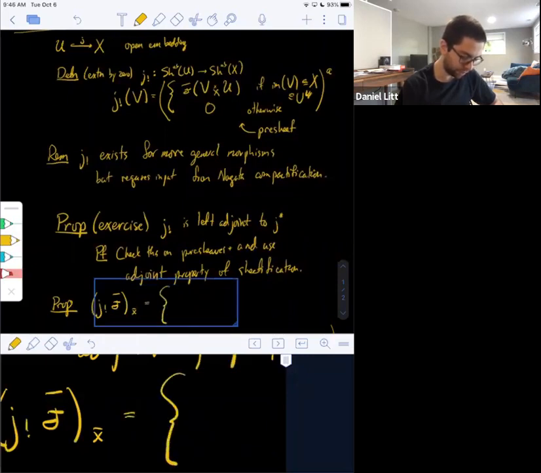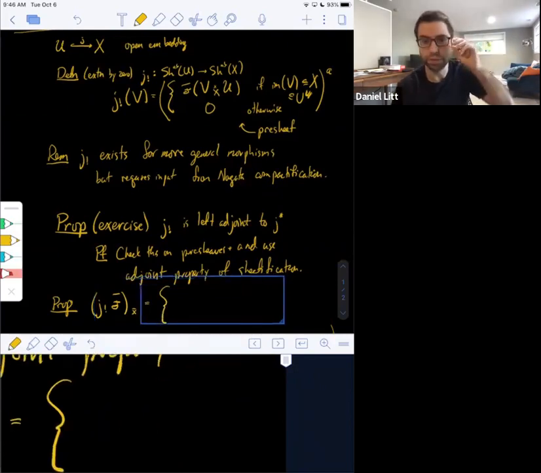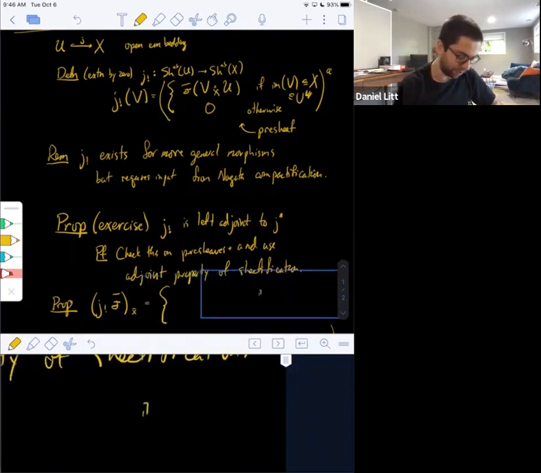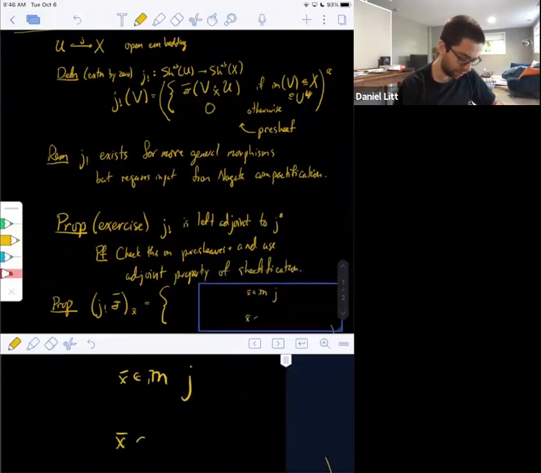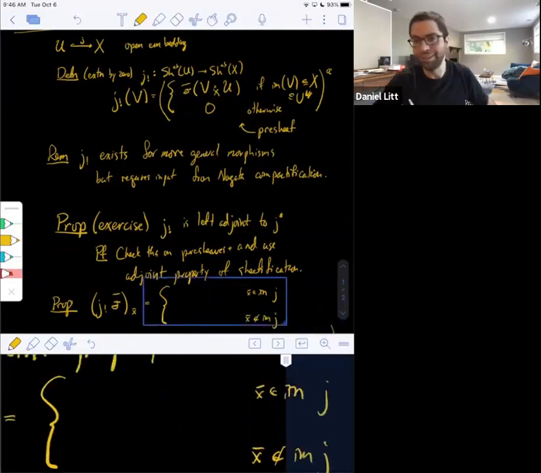Let's just compute it. So what is the stalk at a geometric point x bar? There are two possibilities, right? Either x bar is in the image of j, or x bar is not in the image of j. Does anyone want to take one of these?